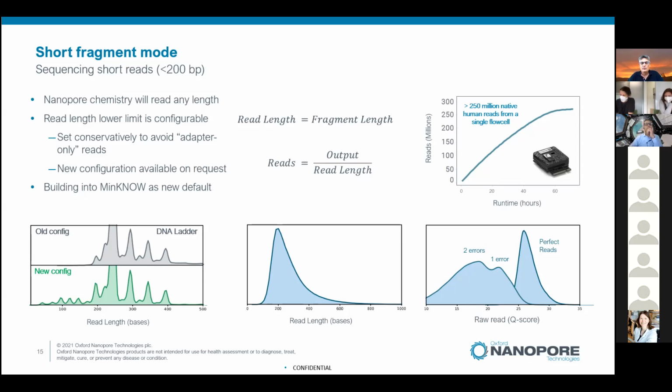This is going to be really useful in liquid biopsy, and I think in environmental analysis as well, because 100 base pair sequence is still really useful for identification of microbes and other species' DNA that might be in that environmental sample. To give an idea, if you run a sample on a PromethION flow cell that's around 200 base pairs in length, you get over 250 million native reads generated. So the output is incredibly high.